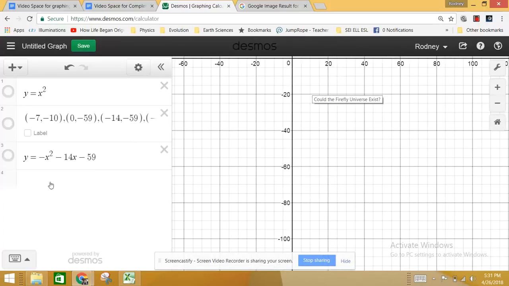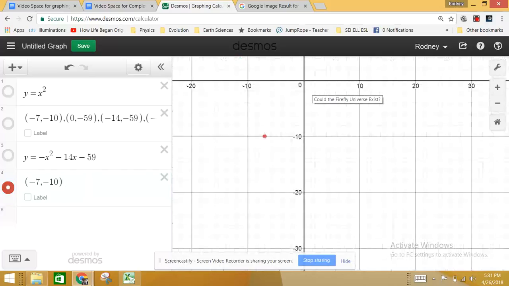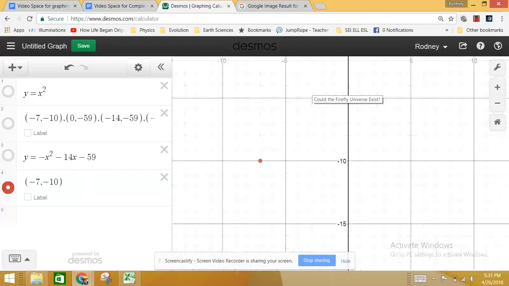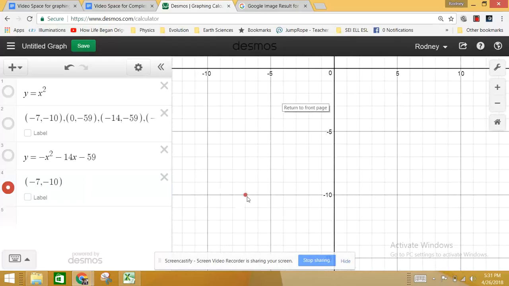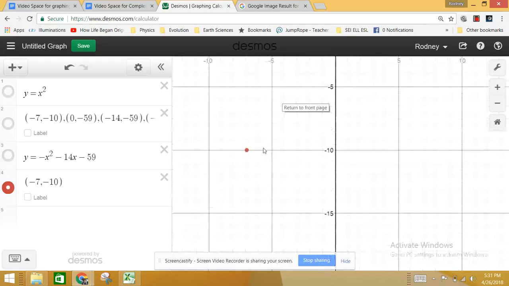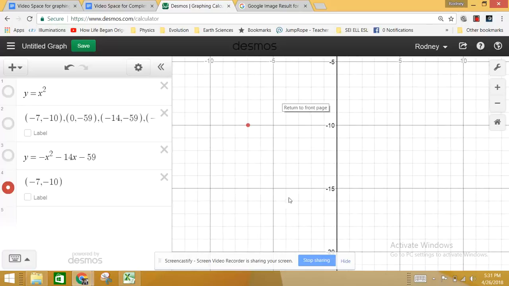I am going to plot negative 7, negative 10. It changes things in one key way. Instead of going over 1 and then up 1, I'm just going to reverse it. I'm going to go over 1 and down 1, over 1 and down 1, and from there over 1 and down 3, over 1 and down 5, and so forth.